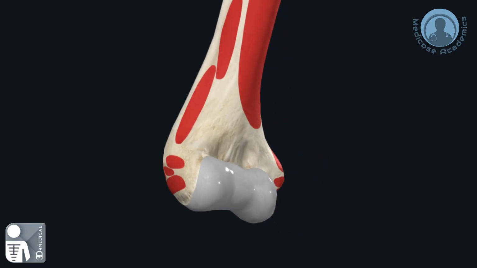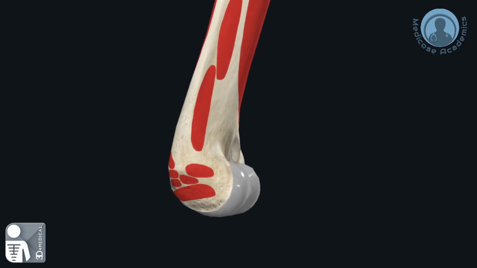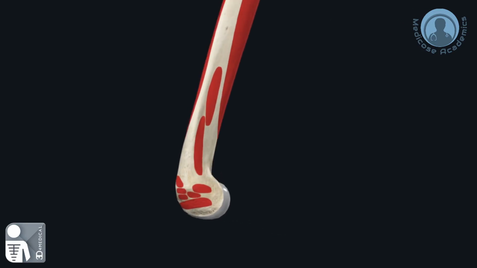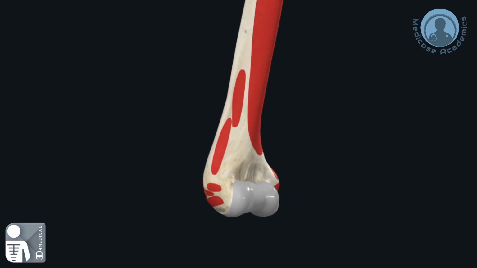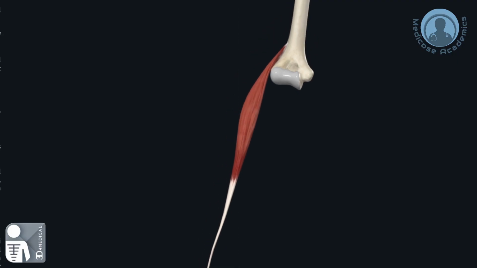At the lower end, there are two muscles arising from the lateral supracondylar ridge, and there is a muscle that is arising from the medial supracondylar ridge. Of the two muscles from the lateral supracondylar ridge, the one on the lower part is the extensor carpi radialis longus. I know it's a mouthful of a name, but we will discuss it in the coming lectures of forearm.